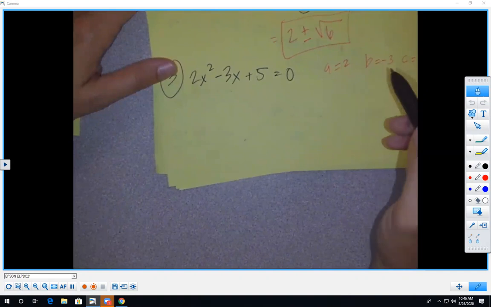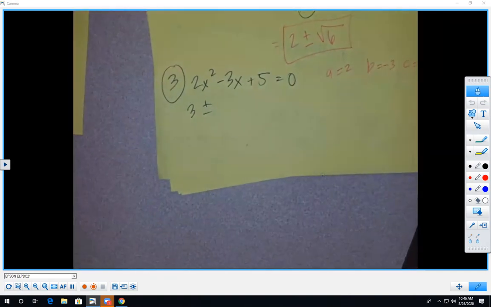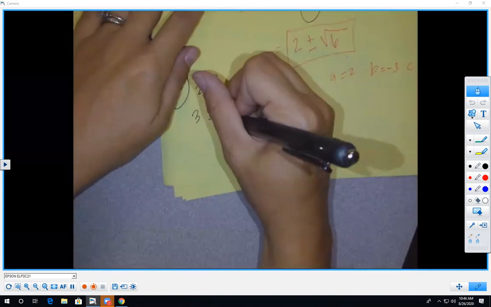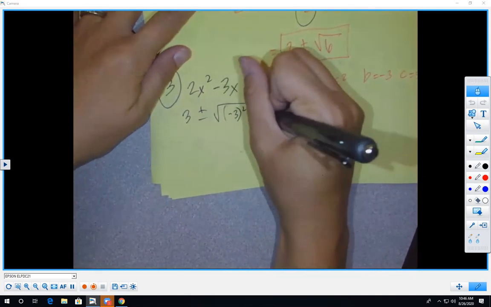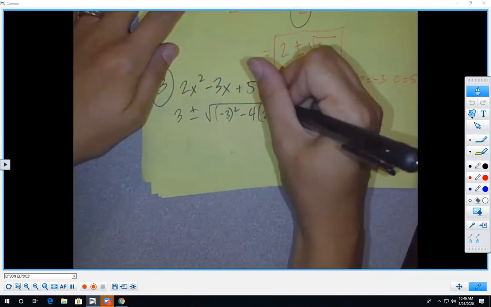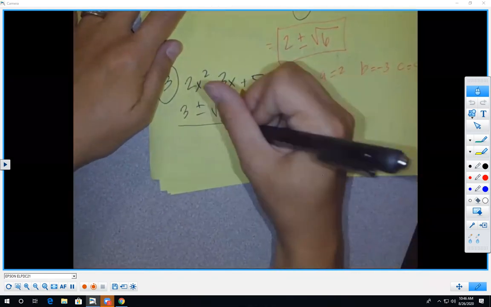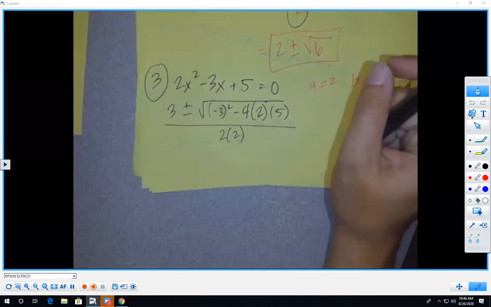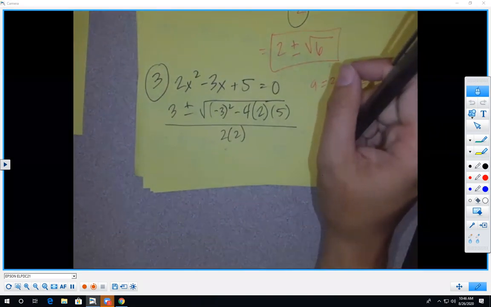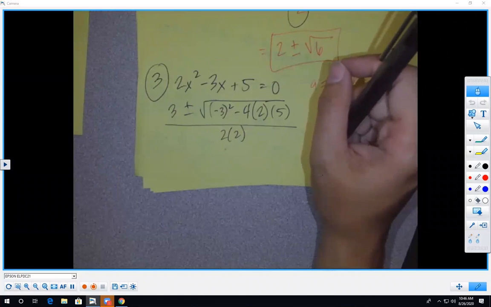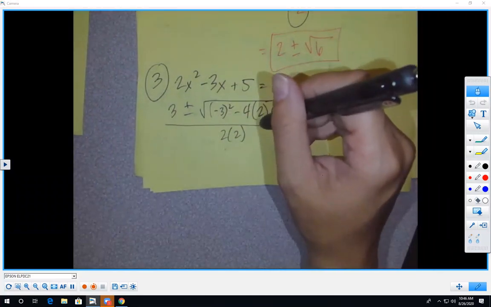Negative B, change the sign of B. So 3 plus or minus the square root of B squared, so -3 squared, minus 4 times A is 2 times C is 5, all divided by 2 times 2. Take a second and see if you can get that number in the square root now.